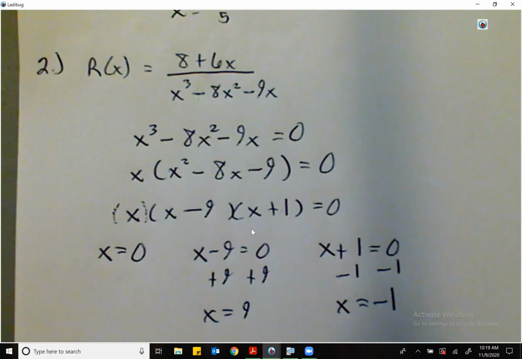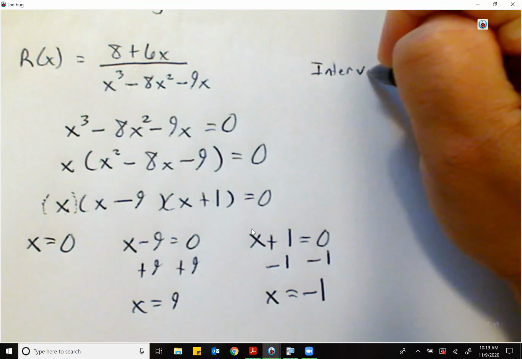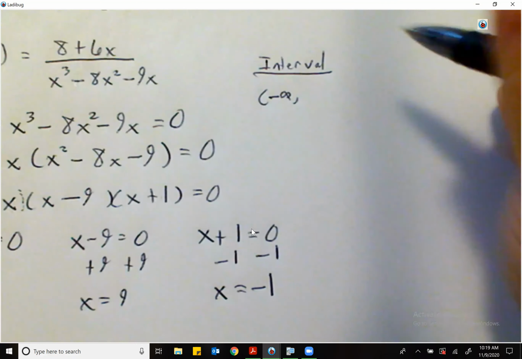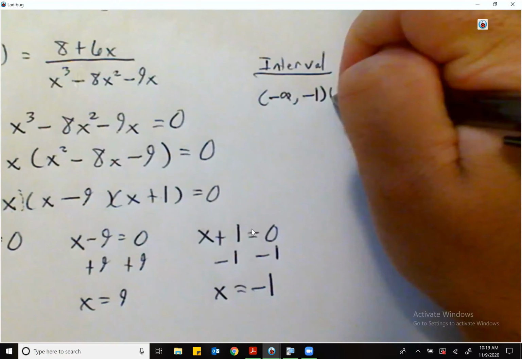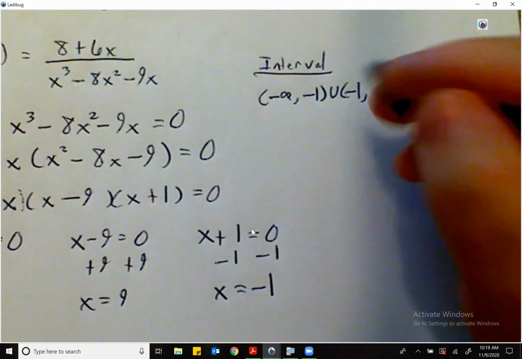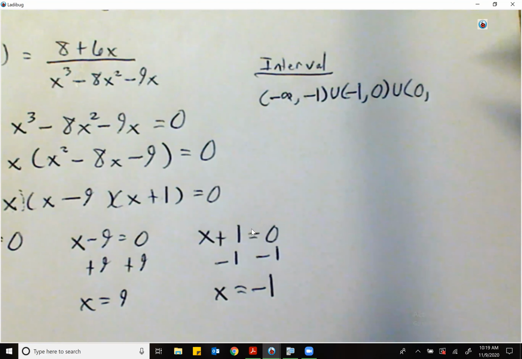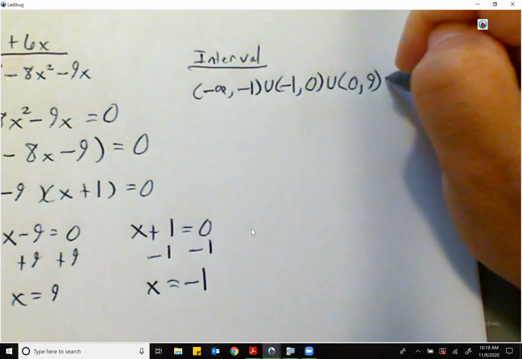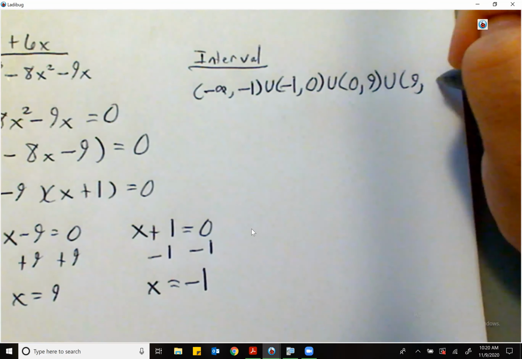If we were doing interval notation, which is not what we want, it would look like this: parenthesis, negative infinity to our first number, negative 1, because that's our lowest, parenthesis, union, parenthesis, negative 1 to 0, parenthesis, union, parenthesis, 0 to 9, union, parenthesis, 9 to infinity.